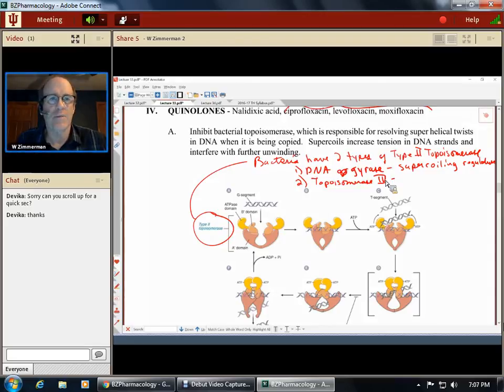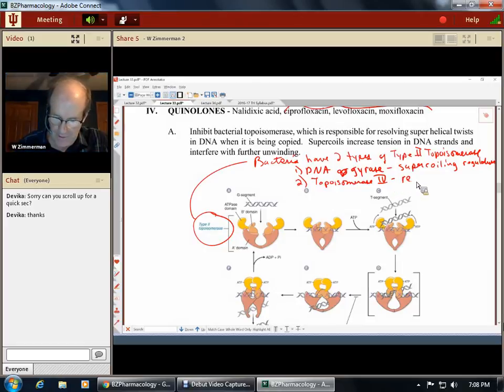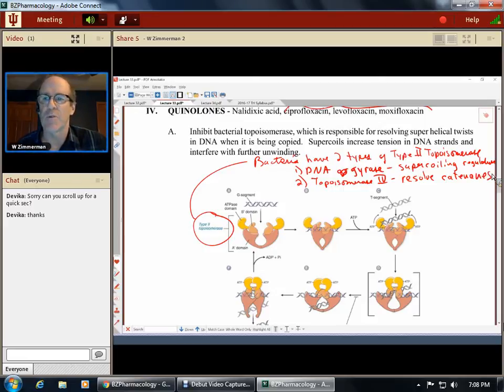Sometimes this was the topoisomerase that's more effective. It depends on the strain of bacteria. But this particular topoisomerase will resolve what are called catenanes, C-A-T-E-N-A-N-E-S. I'll come back to what those are.